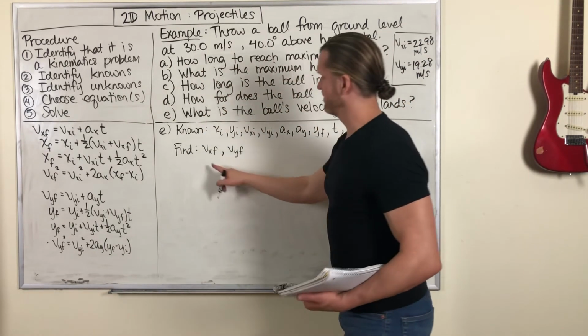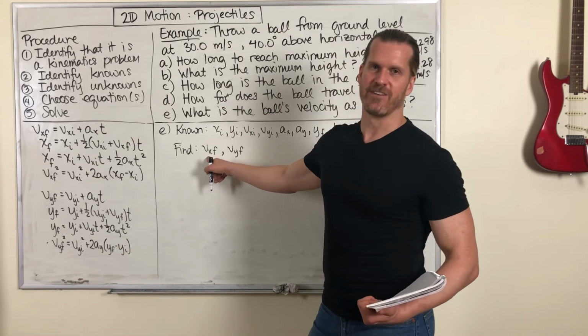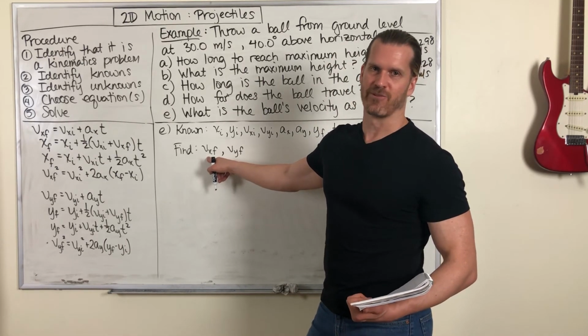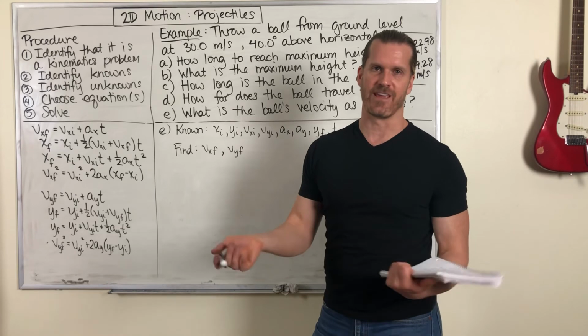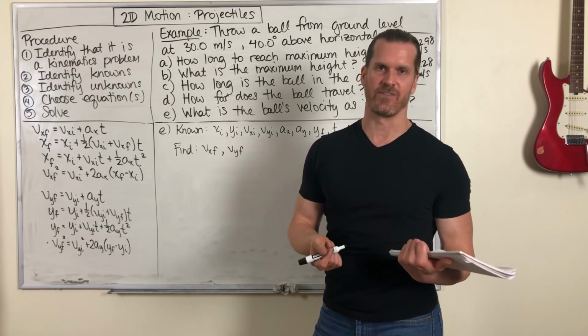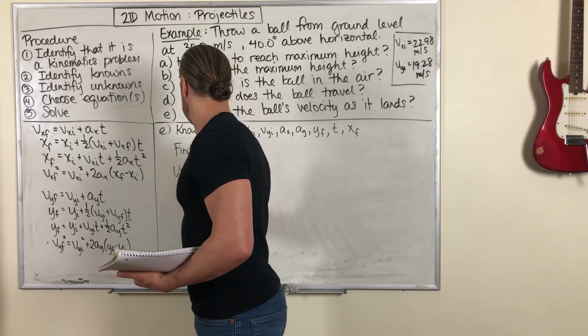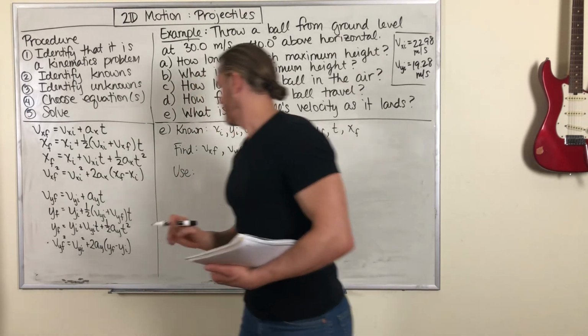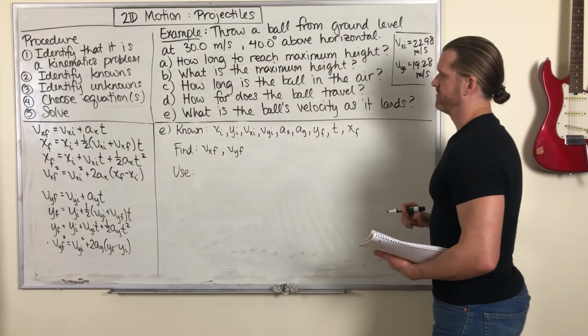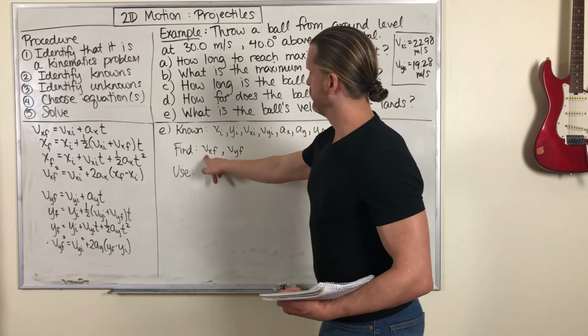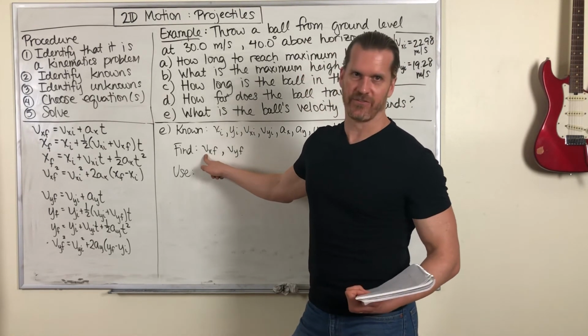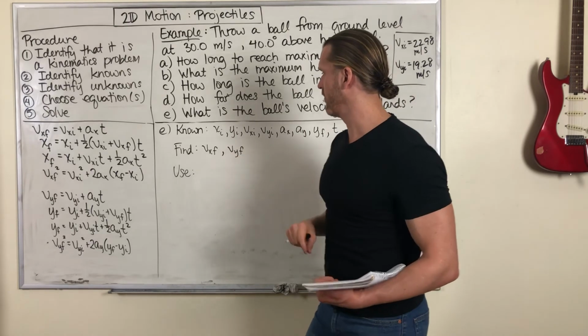But, well, really, Vx final isn't so unknown after all. All along we've been saying Vx final is the same thing as Vx initial. So we'll show that Vx final is the same as Vx initial, and we'll solve for Vy final.